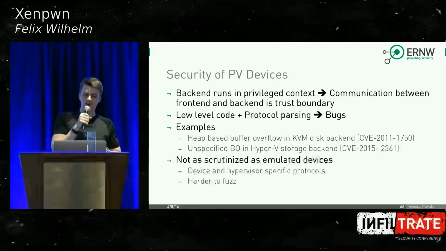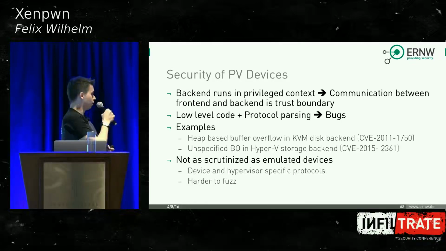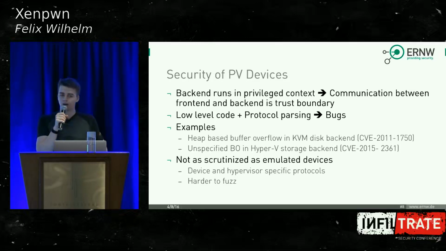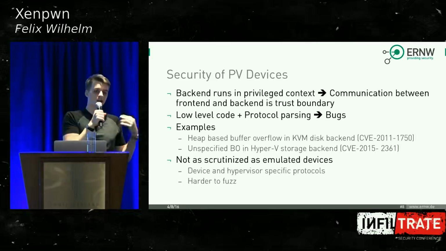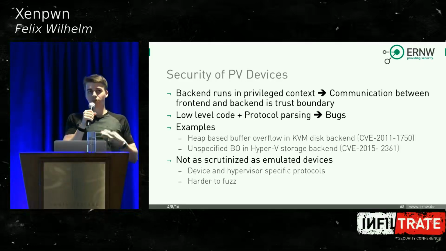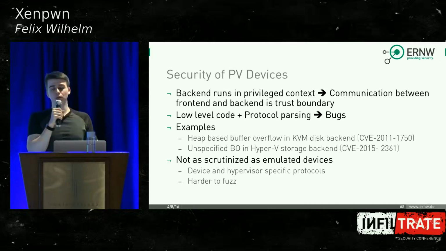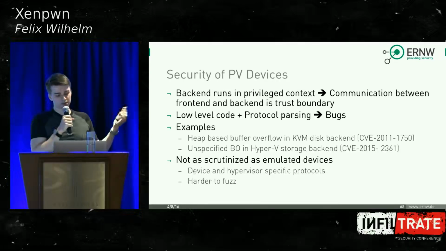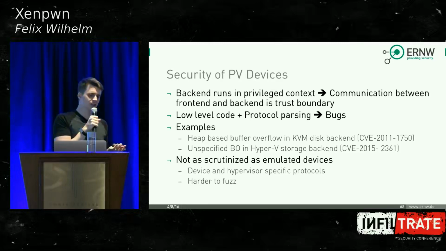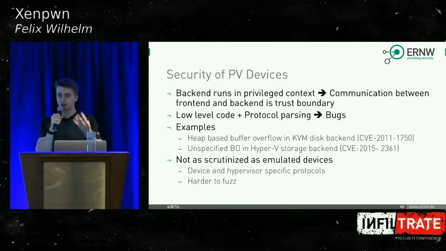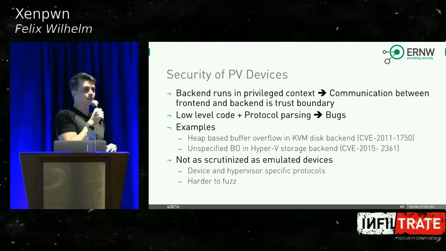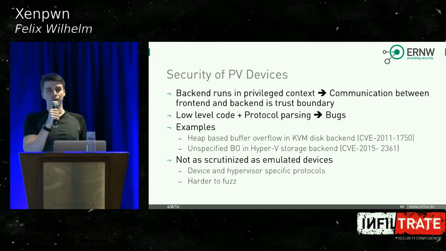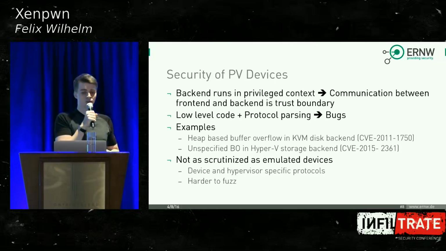And just last year, there was a buffer overflow in the Hyper-V storage backend, which was interestingly discovered by a Microsoft researcher, and he was actually credited in the advisory, so I think that was the first time Microsoft credited an internal researcher for a vulnerability. So that's quite an interesting bug. And it seems to be the case that these paravirtualized devices are not as much researched as emulated devices. Everyone has written a fuzzer for emulated devices or looked at the QEMU source code.